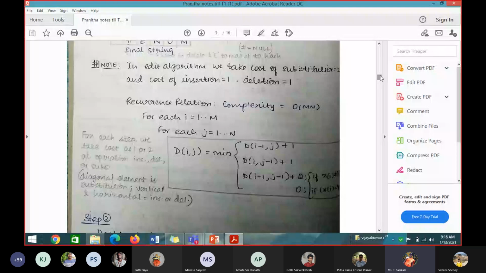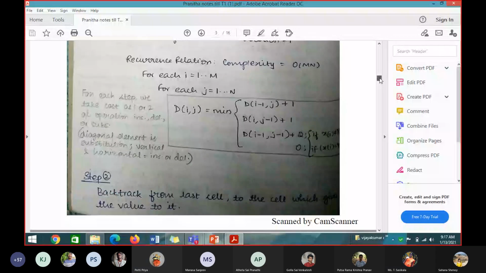Any shortcut you have, or otherwise it may be what? Diagonal elements is? Substitution. Very good. Substitution. Vertical or horizontal, if it comes, it may be? Insertion or deletion. Deletion. Good.